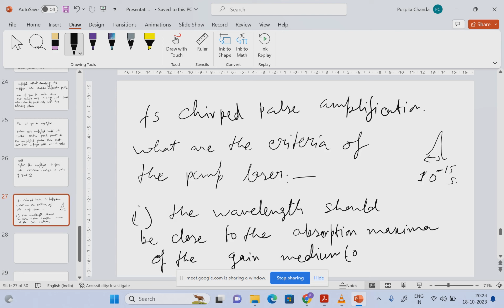So in the oscillator, there is a gain medium.